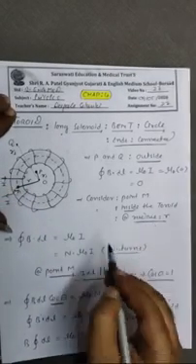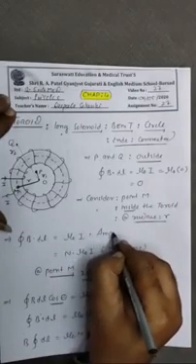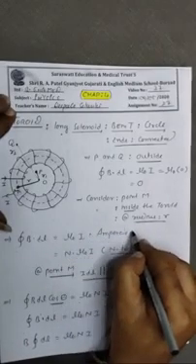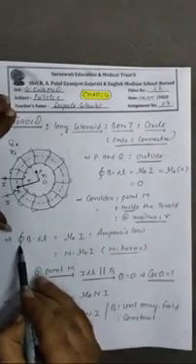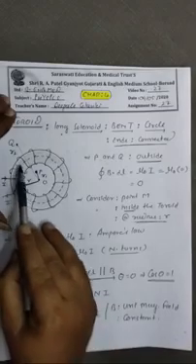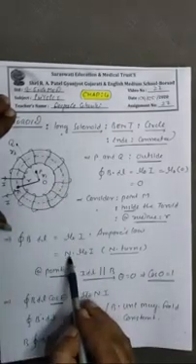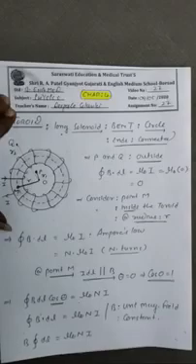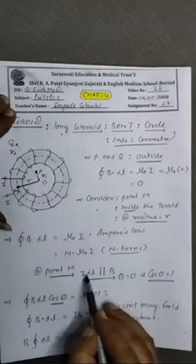So for this, according to Ampere's law, closed integration B dot dl is equal to mu 0 I. It is for one turn, but this toroidal ring consists of N number of turns, so it is capital N mu 0 I. So at this point, current element and magnetic field lines are parallel to each other.